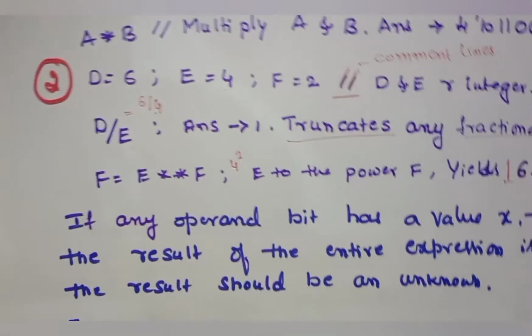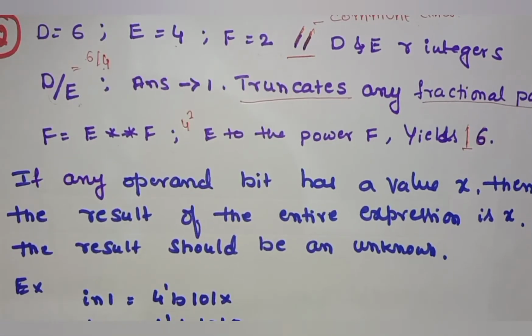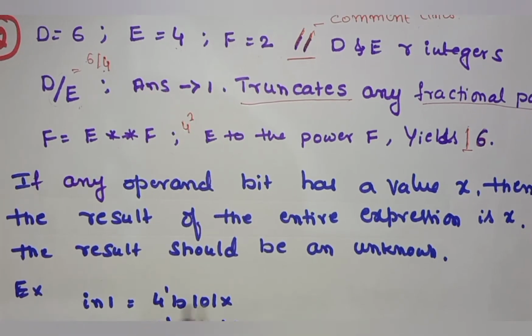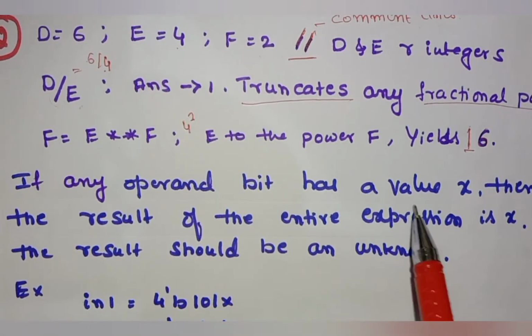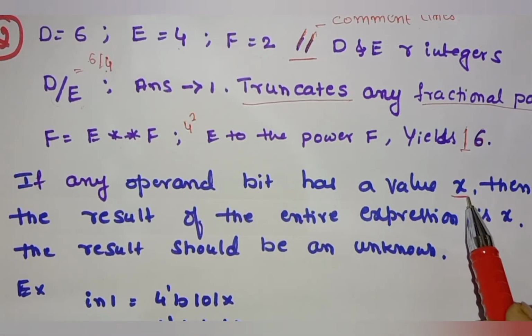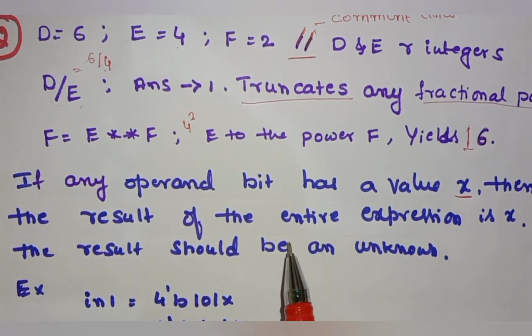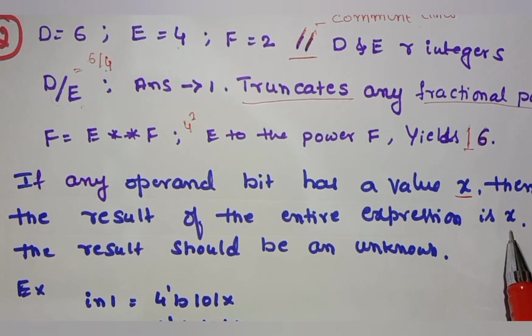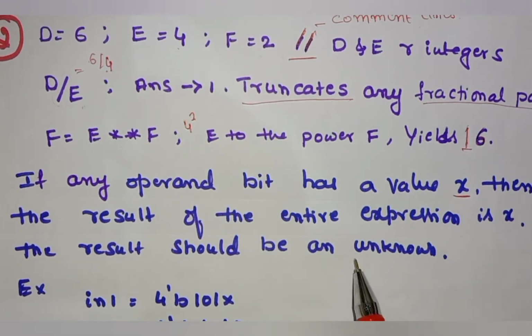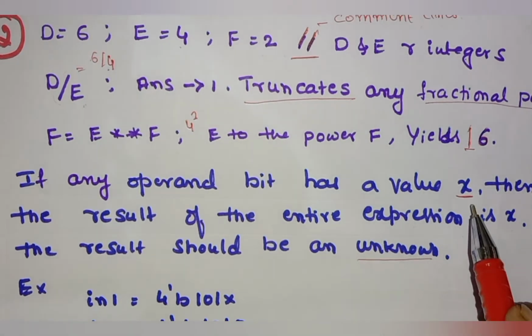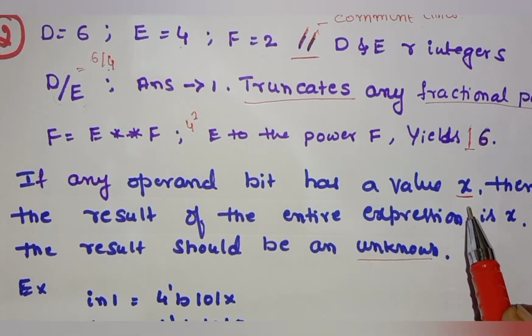And next, another important thing is, if any operand bit has a value x, then the result of the entire expression is x only. That is, the result is unknown. x is one unknown value.